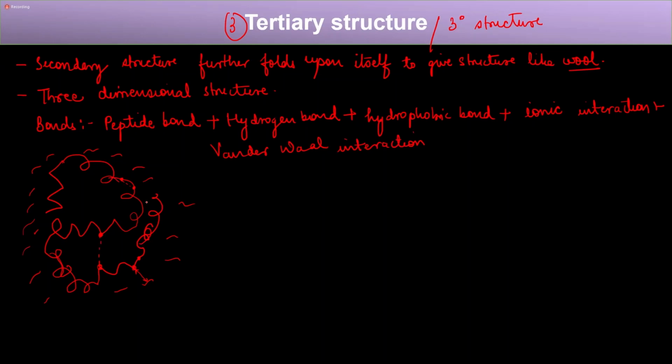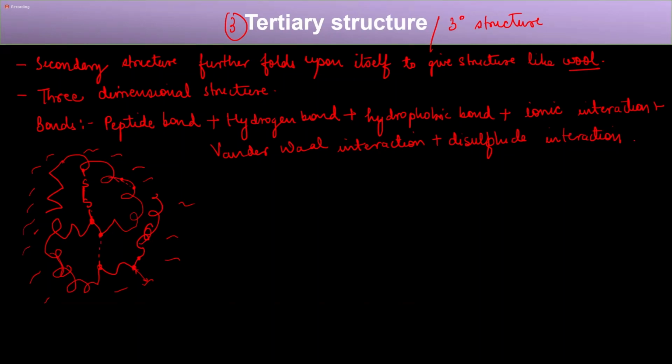And suppose it has a sulfur-containing amino acid, that is cysteine, we know, right? So suppose it has cysteine here, it will have sulfur. Similarly, here also this amino acid is cysteine, it also will have sulfur. Then they will form a disulfide interaction. So these are all interactions that are present in the tertiary structure of a protein.